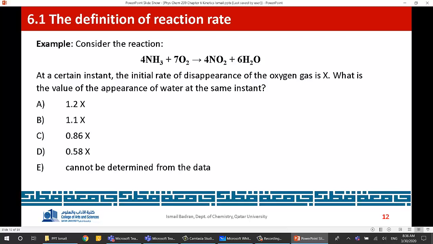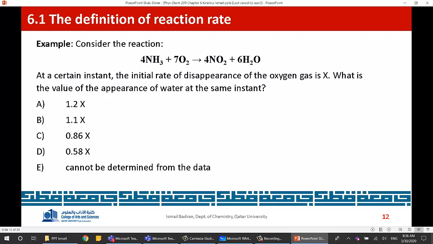Anybody else want to share the answer? Kawthar, can you please open the mic and tell everybody how did you get C? I simply divided 6 by 7, so I get 0.857, 0.86.